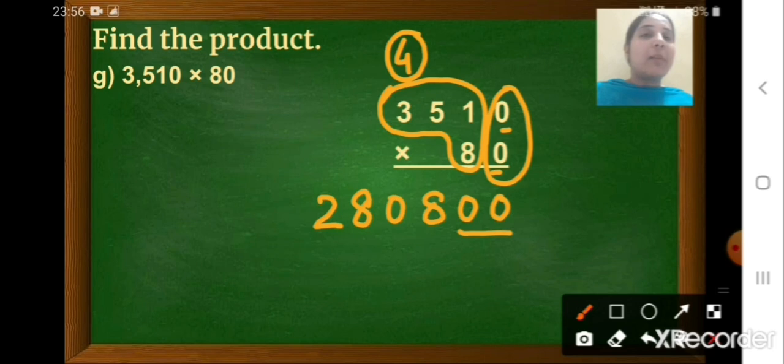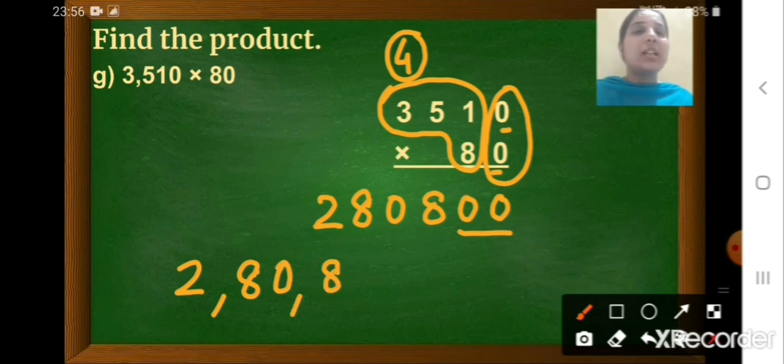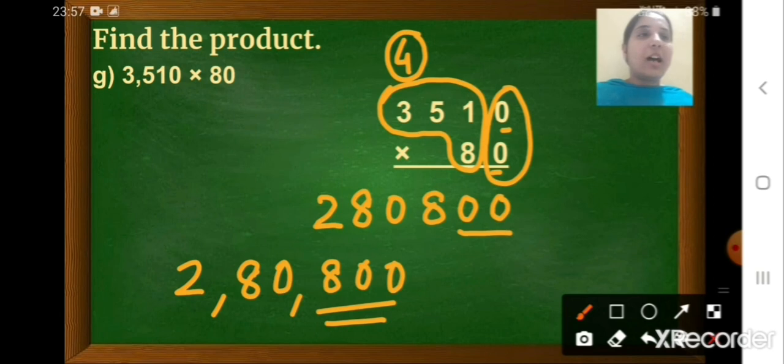If both the multiplicand and multiplier have zeros at their ones place, then we can simply add the number of zeros there and then multiply the multiplicand by the remaining digits of the multiplier. So in this way, what is the product here, children? 2,80,800. Okay, children? Now let's move to the next question.